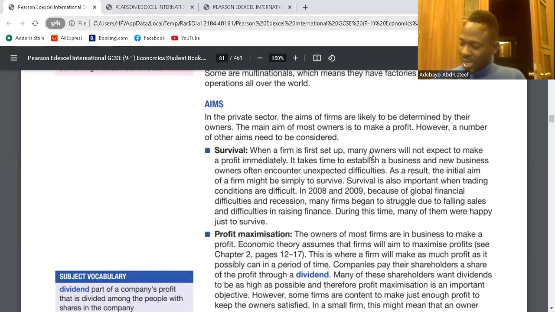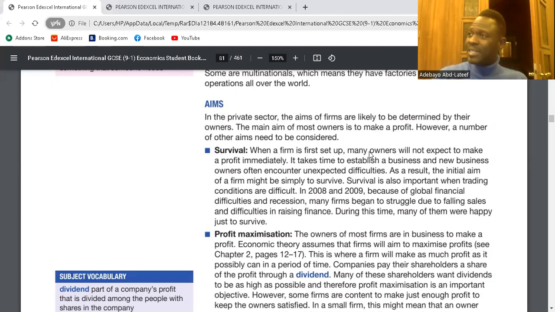In that period, you shouldn't think about making profits. Rather, think about surviving and gaining customers. That is for new businesses. If the economy is in downturn, there's recession, there's economic decline, this situation does not only affect you, it affects us all, everyone.